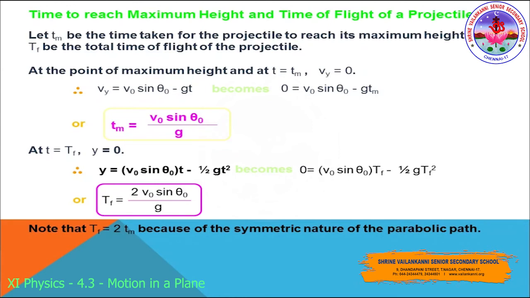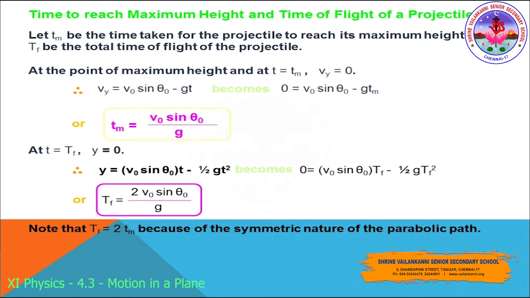Here we can apply the equation S equal to ut plus half at squared, with t equal to the time of flight and y equal to 0. So we get y equal to V naught sin theta t minus half g t squared.